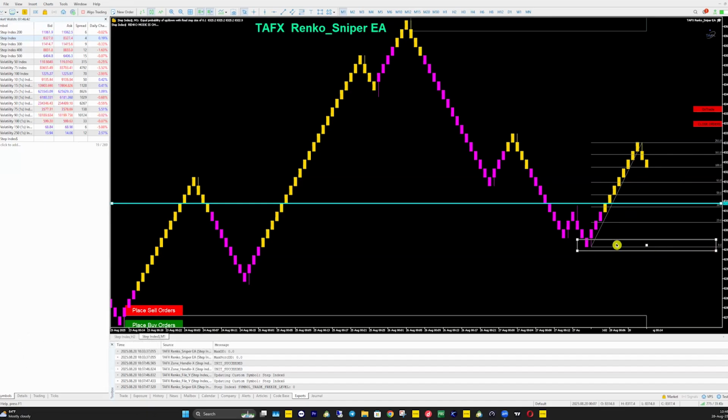But by default, it is 0 and 261. But any of the levels here, whether it is 100, 161, you can set them as your exit point. But by default, it will come with a 261 exit level and level 0, all right, if it is a sell.